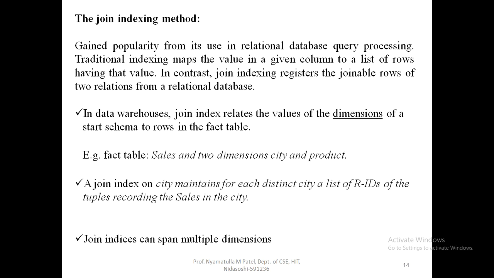Join indexing also maintains the relationship between the attribute values of a dimension, for example within a dimension table, and the corresponding rows in the fact table. Join index may span multiple dimensions to form composite join indices. We can use join indices to identify subcubes that are of interest.